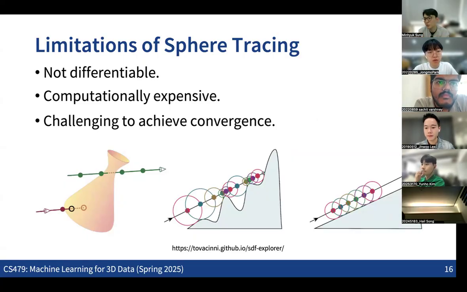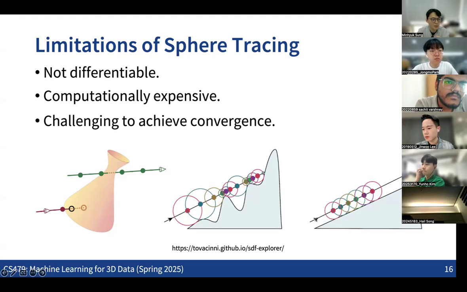And also we don't know how many steps we need to go, right? So it's really a black box. Actually, we just need a few steps to reach the intersection point. But in the worst case, for example in this case, which might be a really bad example, we are shooting a ray which is parallel to the surface here.